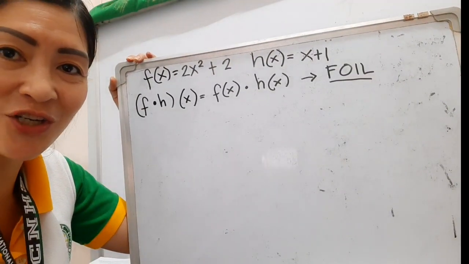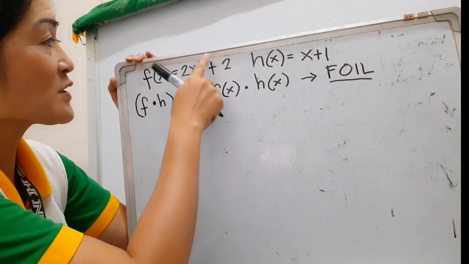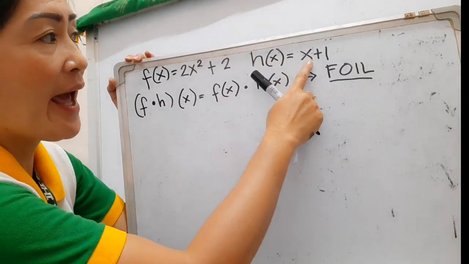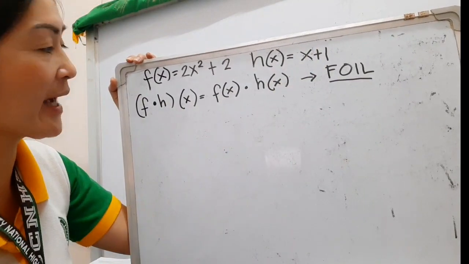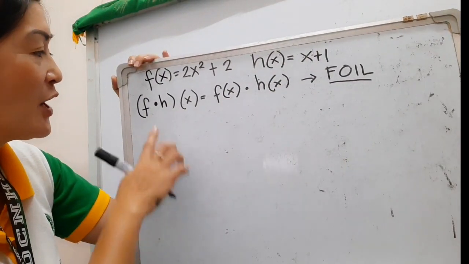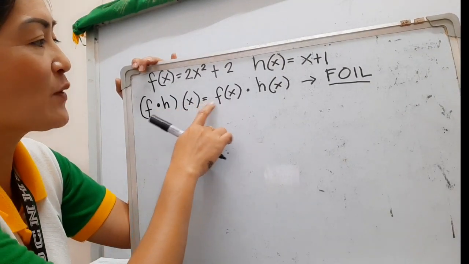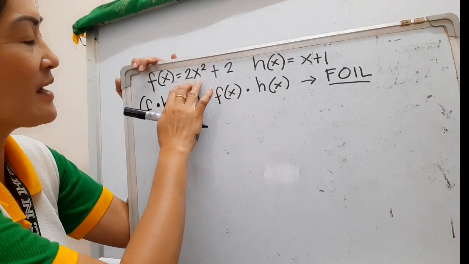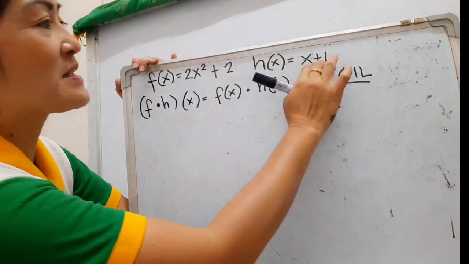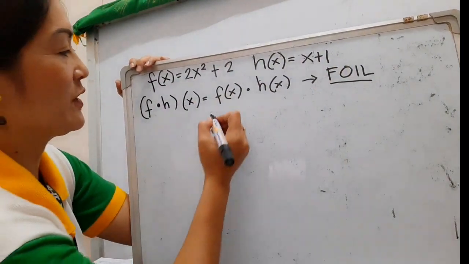Given the two functions, 2x squared plus 2 and x plus 1, we can get their product using this pattern. F times h of x is equal to f of x, this function, times this function. Substitute now.